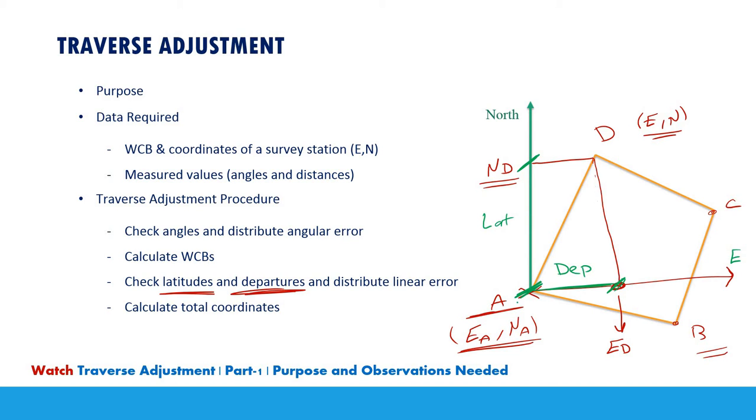So this is the departure between A and D, and this is the latitude between A and D. Our aim is to calculate the easting of D and the northing of D.